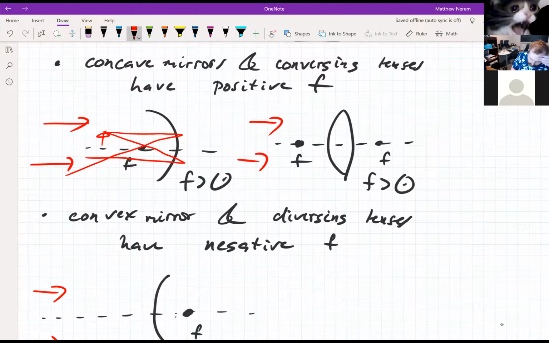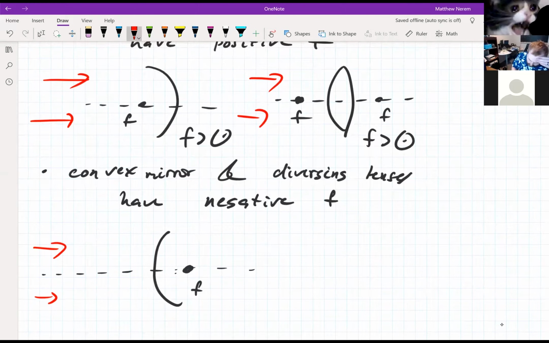Yep, so that's a real image. All right, where's this one? Yep, that's the virtual image.